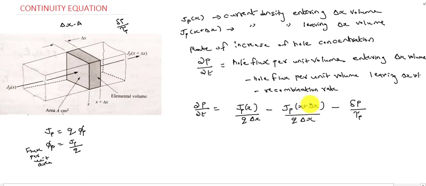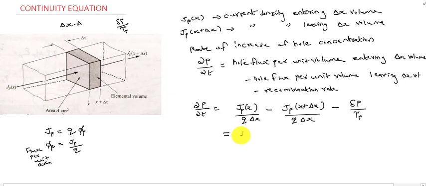So this is the equation: dou p by dou t is equal to Jp of x by q into delta x. This is the rate of holes entering minus the rate of holes leaving minus the recombination rate. From this equation we will derive the continuity equation.